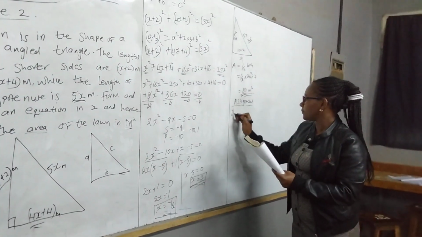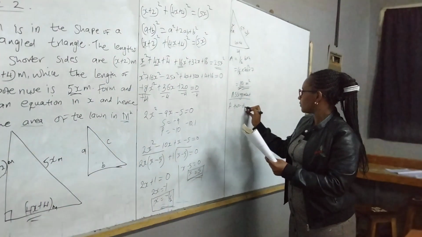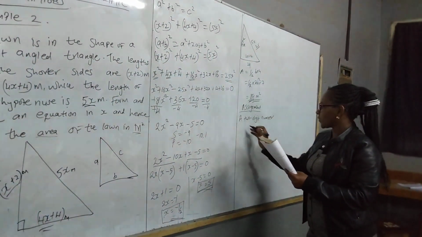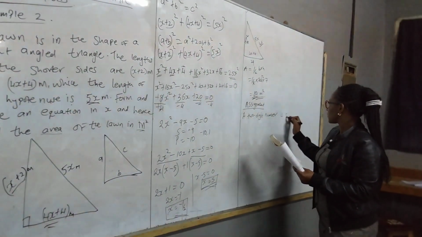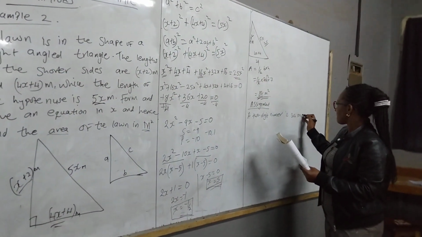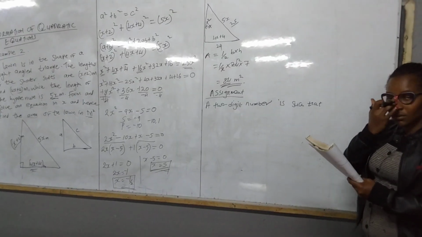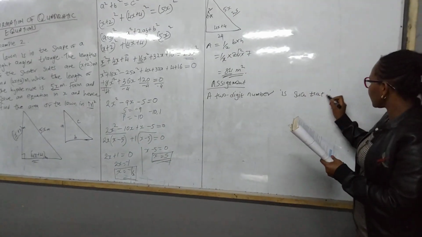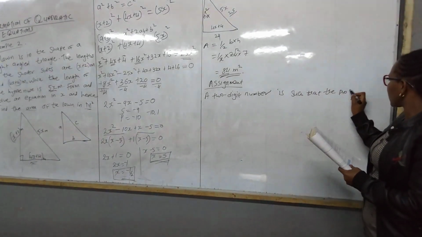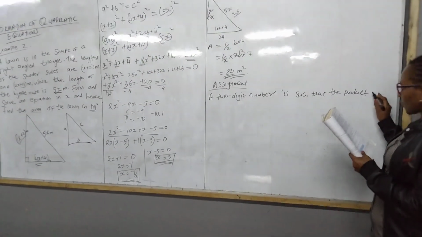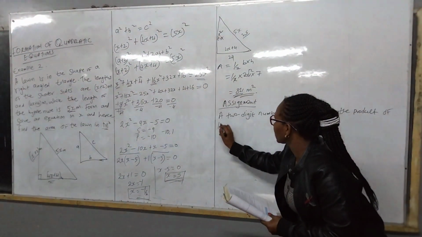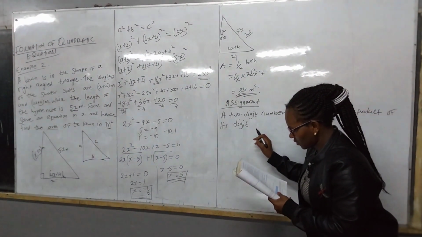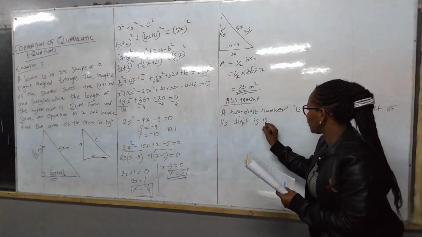A 2-digit number is such that the product of its digits is 12.